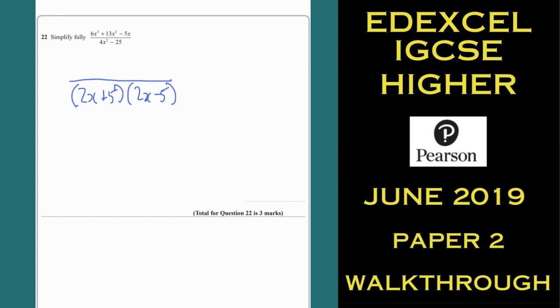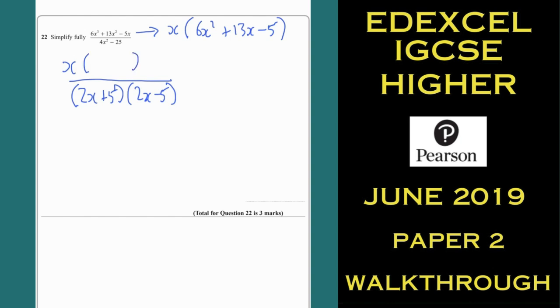Now, first thing you'll notice on the top, it's not a quadratic, it's a cubic. We need to take out an x. So when you take out an x, we are left with 6x squared, 13x and minus 5. So it's this that needs to be factorised.